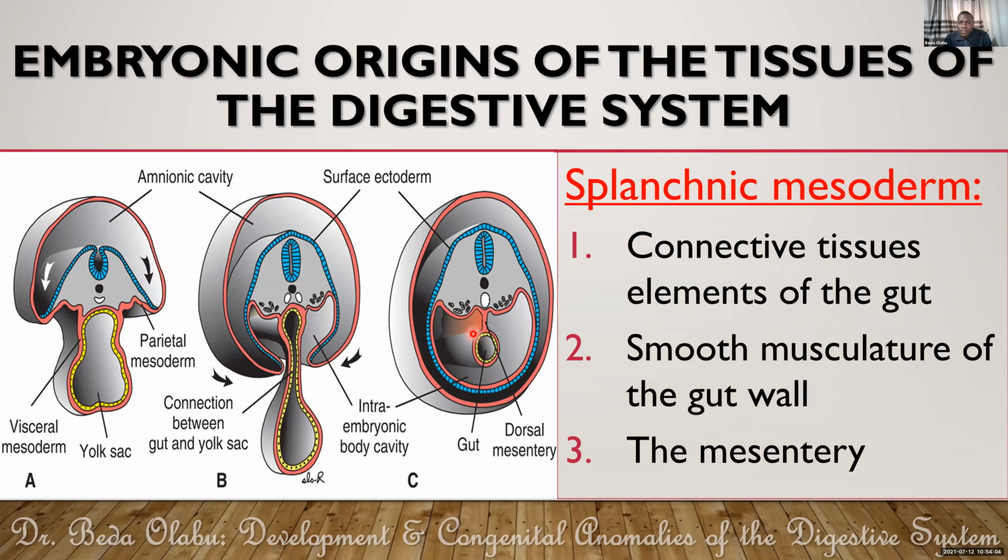Lastly, the splanchnic mesoderm also forms the mesentery of the intestines. The mesentery of the intestine is a membrane that suspends the intestines, and I showed you mesentery in our previous lectures. So it will be something that looks like this that also arises from the splanchnic mesoderm. They're just regions where the two layers of the mesoderm have been interposed.